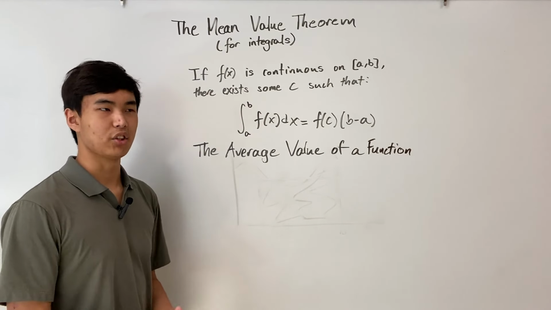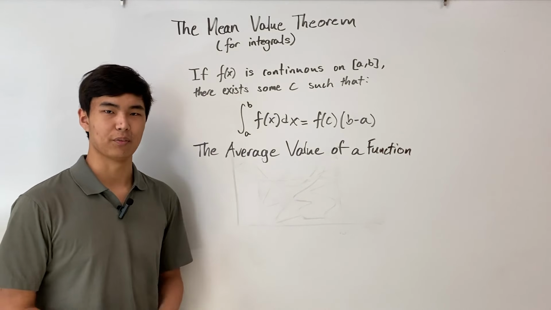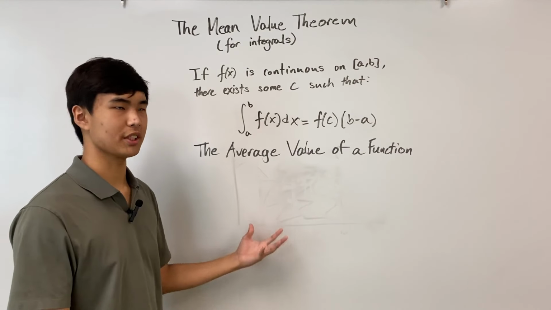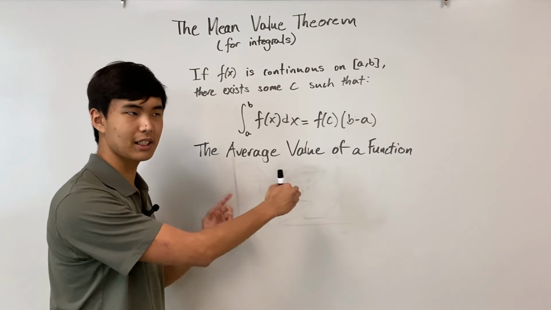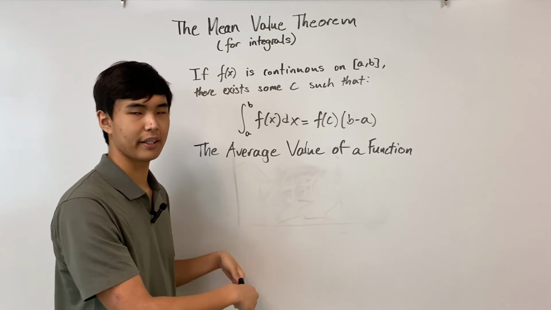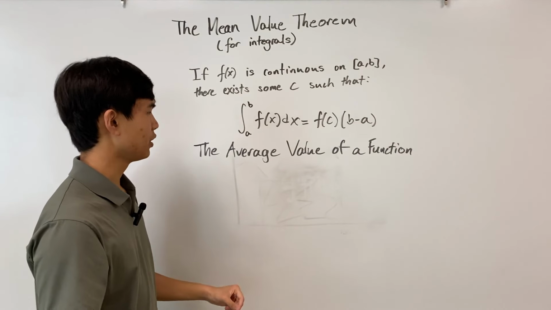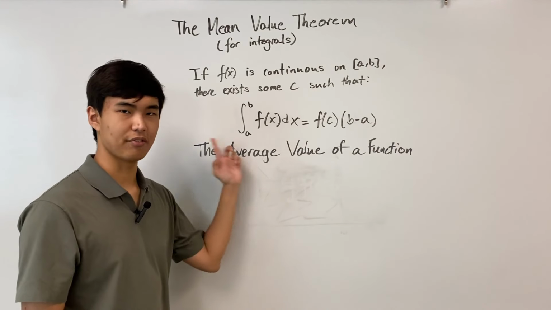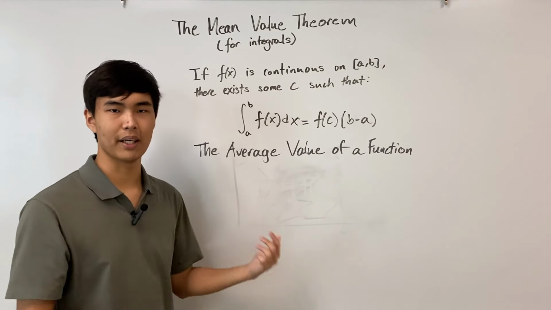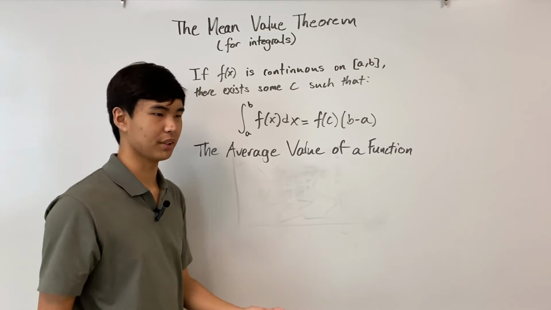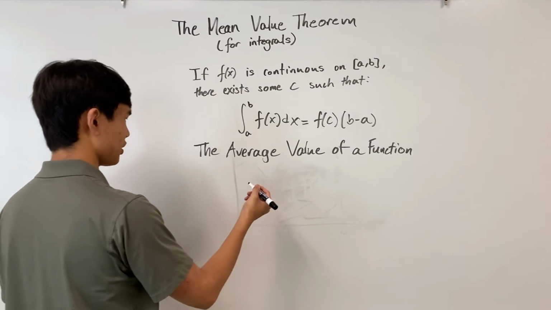Instead of just me telling you what the expression is, why don't we figure it out? Recall what an average is. An average is a sum of values divided by the number of values. So in this context, we're trying to sum function values in an interval and divide by the number of terms that we summed. So why don't we work out the sum first?